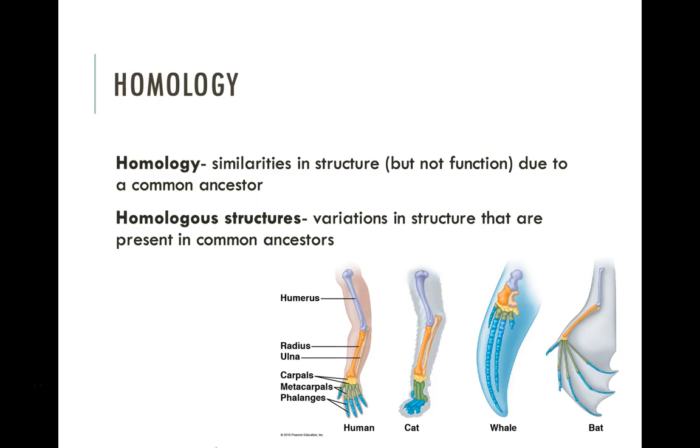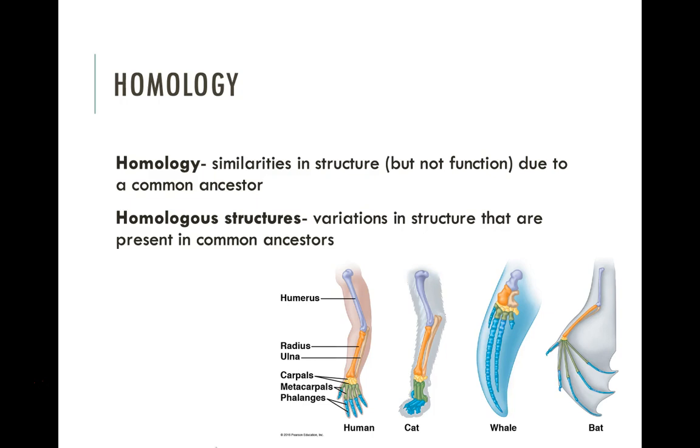So the similar structures, but possibly different functions. So if you look at the human arm, the human hand, and the cat forelimb, you can see they're actually really, really similar. Similar proportions to those bones, similar arrangement and structure, similar joint structure and things like that.